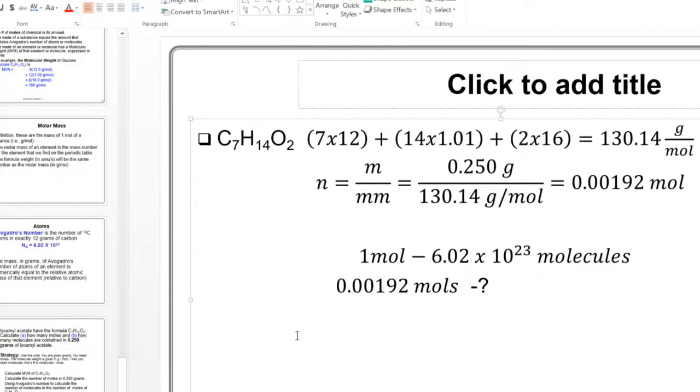So you just basically cross multiply. So it will be 6.02 times 10 to the power 23 times 0.00192. Okay.